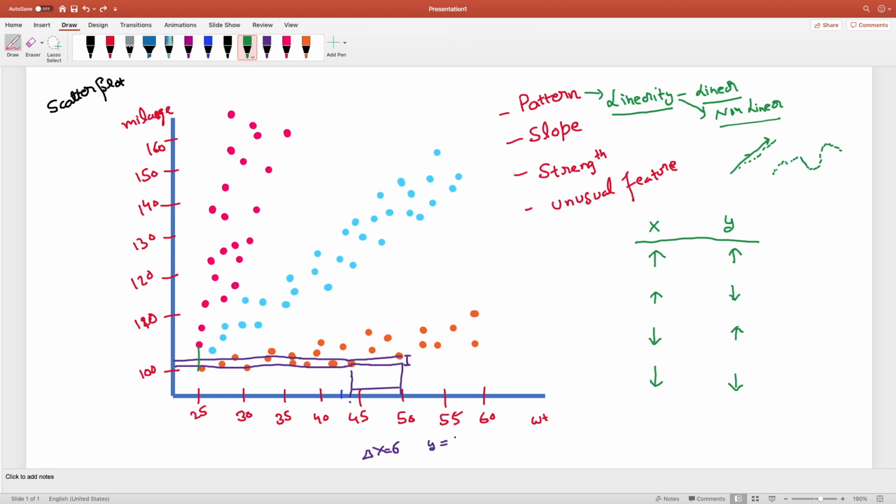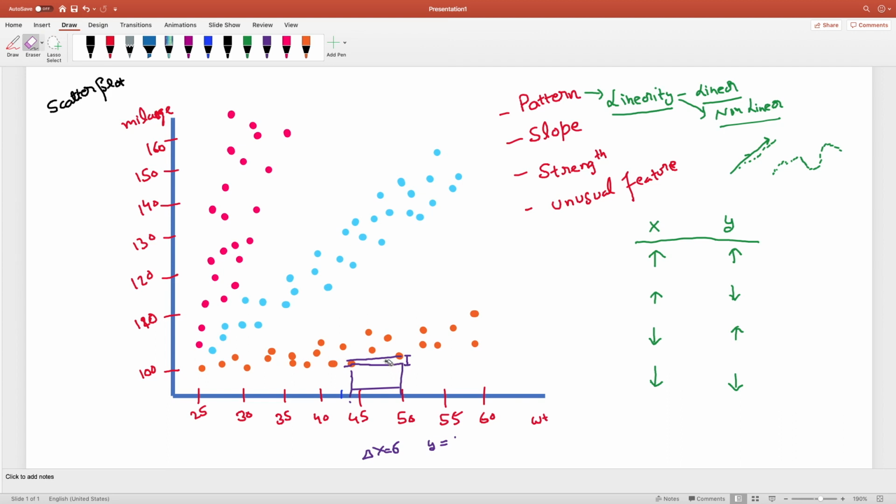This point over here is something here, and this point is something here. For this much of change in x, the y changes this much. So here you can see that for a very small value of delta x, the y is increasing very high. So I can see that the slope is actually giving you how x is changing with respect to y. This is something which I wanted to make you understand.